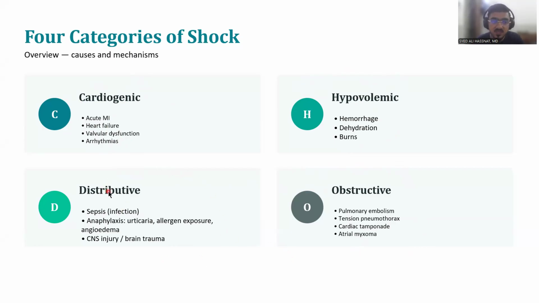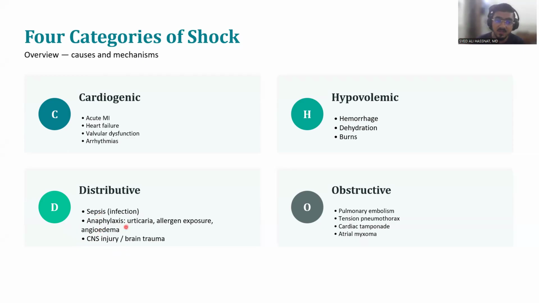Distributive shock has some types, and obstructive shock also has some types. Distributive can be broadly classified into septic and non-septic. Septic is when there is some sort of infection. Non-septic includes neurogenic shock, a type of distributive shock in which there is disturbance to the sympathetic nervous system and the body is unable to send neurological signals to the blood vessels and the organs.